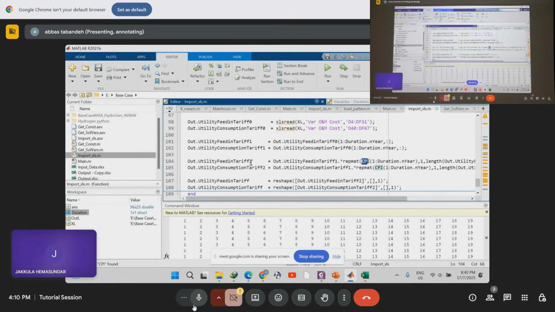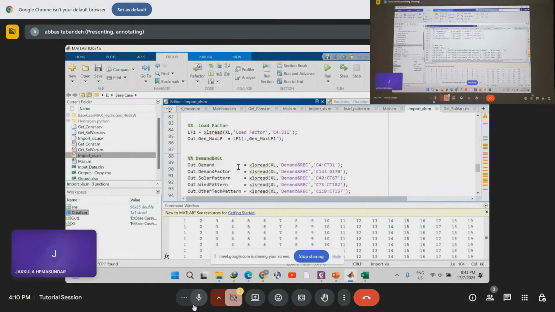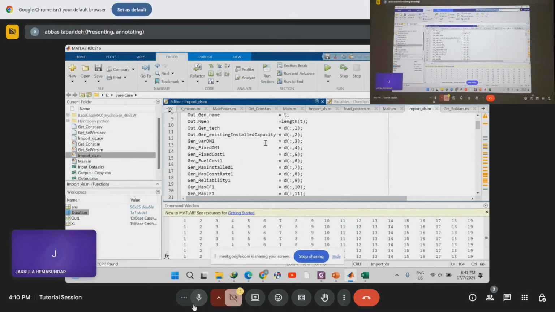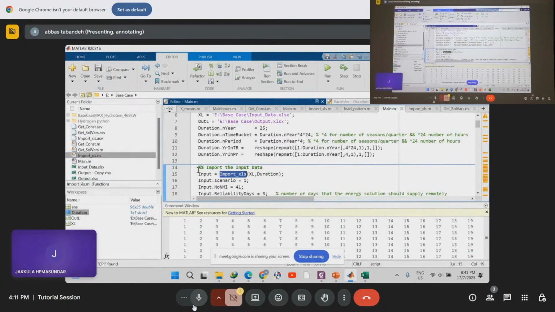So in this function, we have read and defined all input parameters, and then we return them, put them into output, and return it to the input here.